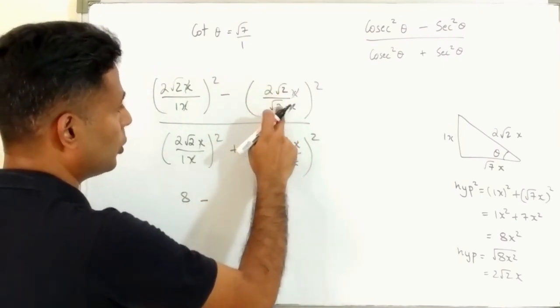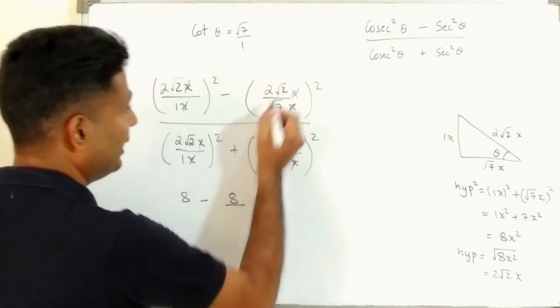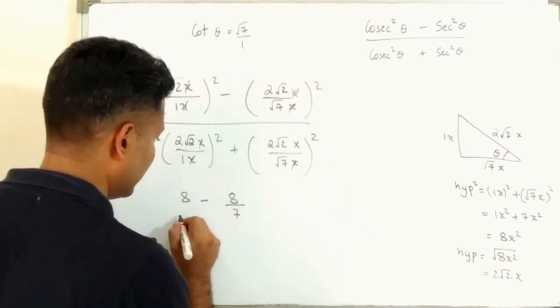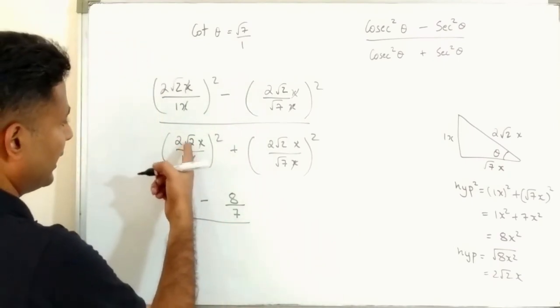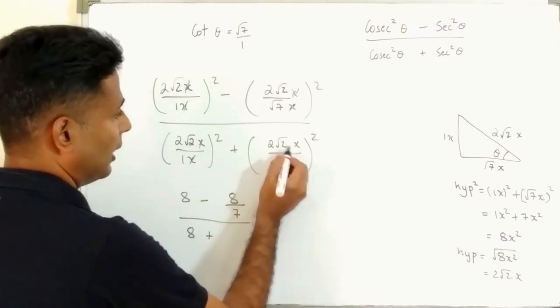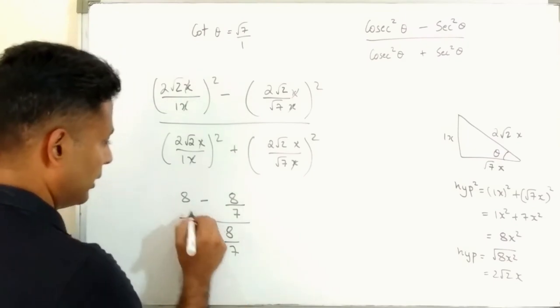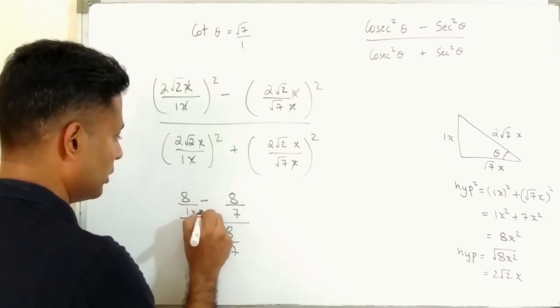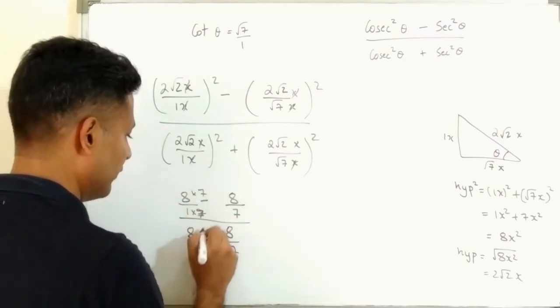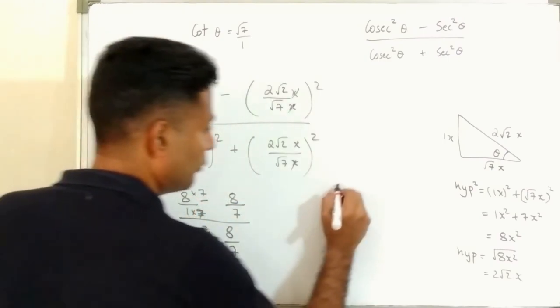Again similarly here, 2 root 2 by root 7 whole square. So 2 root 2 whole square is 8 and root 7 whole square is 7. Here again 2 root 2 by 1 whole square, so this will become 8, plus again 2 root 2 by root 7 whole square, so it will become 8 by 7. Taking LCM, 1 into 7 into 7, again here by 1 into 7 into 7. 8 sevens are 56.